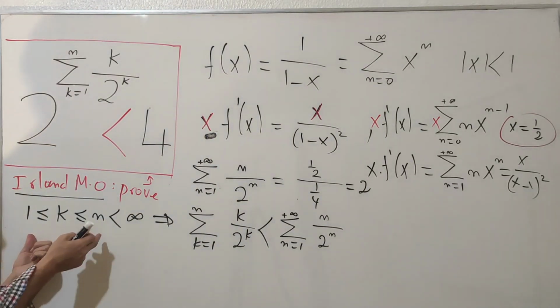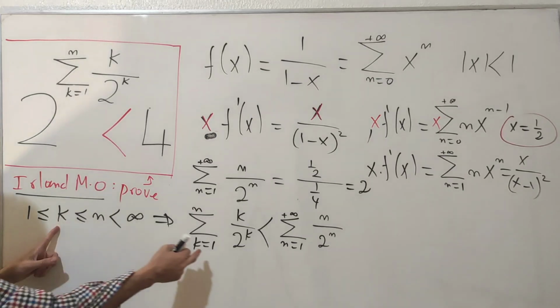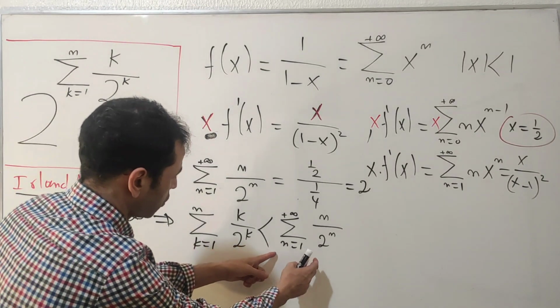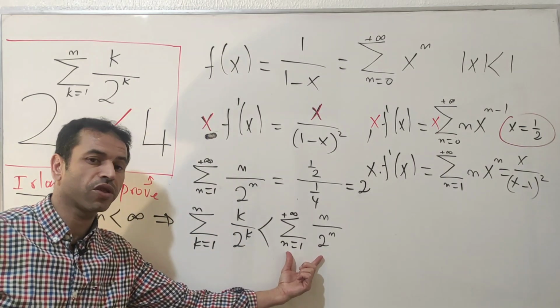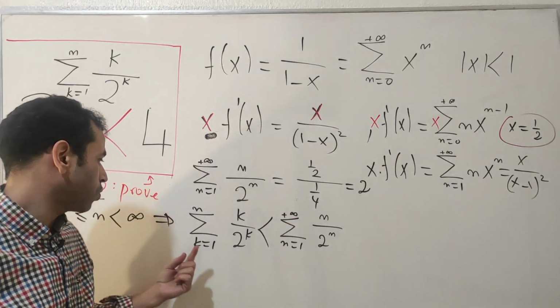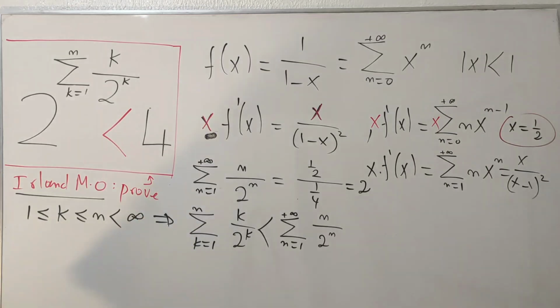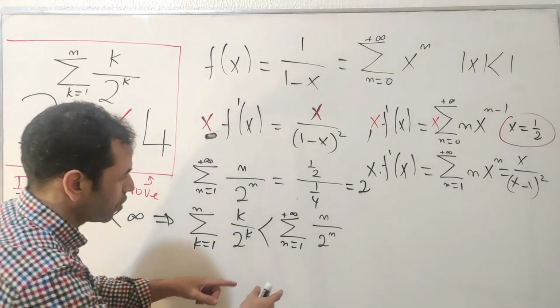Because of this inequality. Using this fact, k in terms of k is automatically going to be smaller than this one. This is a finite sum, this is the infinite sum. This one goes all the way to infinity, this one just goes from 1 to n, which means this one is always strictly inferior to this one.